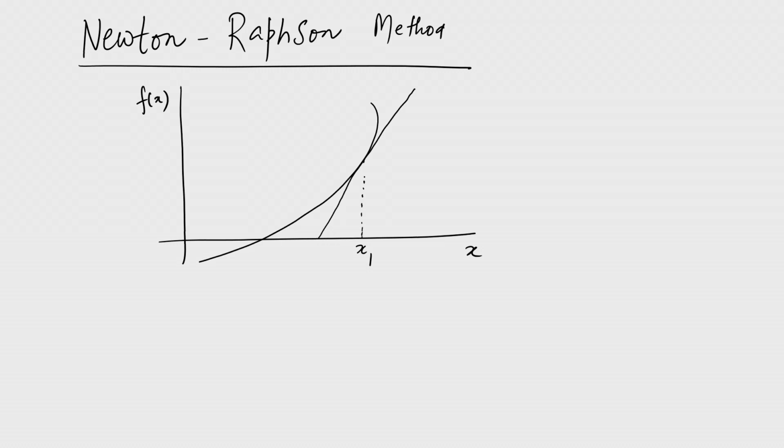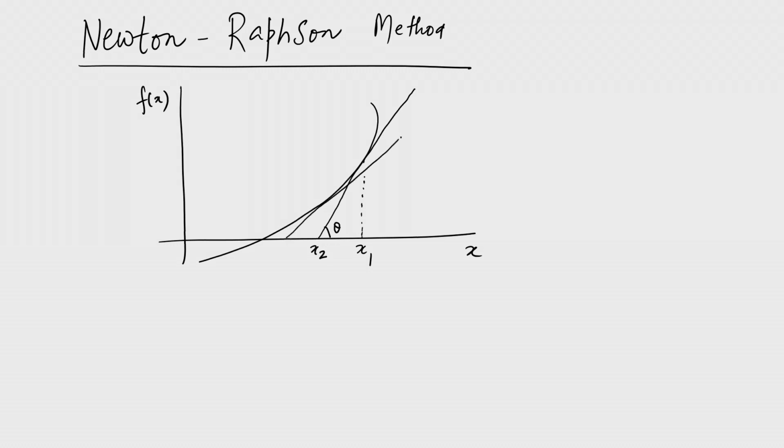It just touches at x 1, and let us call this angle theta. Wherever the tangent cuts the x axis, let us call that point x 2, and take the point f of x 2, and then draw another tangent and so on.